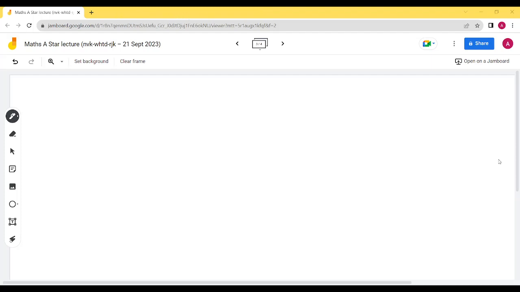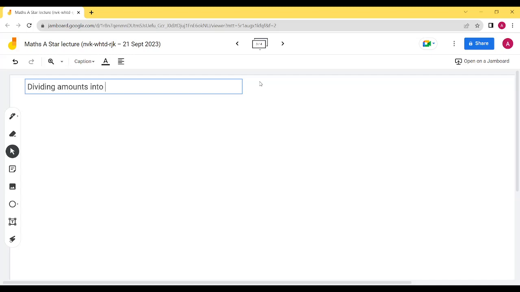But the next thing we are going to look at here is dividing amounts into a ratio. And this is a really key skill with ratios. So I'll just put this key skill.